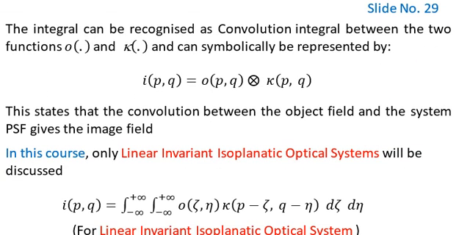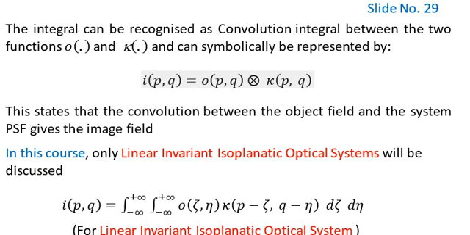The integral can be recognized as a convolution integral between two functions, O and kappa, and can symbolically be represented as I at the coordinates p and q equal to O at the coordinates p and q convolved with kappa at the coordinates p and q. So this O is actually the ideal image at the image plane under paraxial approximation, under geometric optics. O is the image at the coordinates p and q, because p and q are the image coordinates, and O at the object is the same as O at the image coordinates p and q.